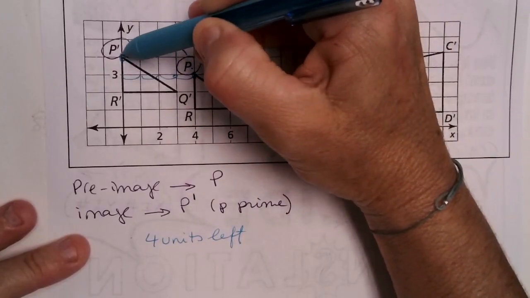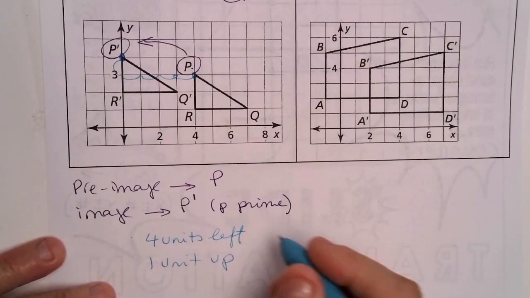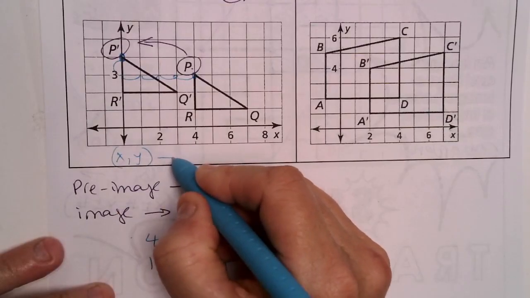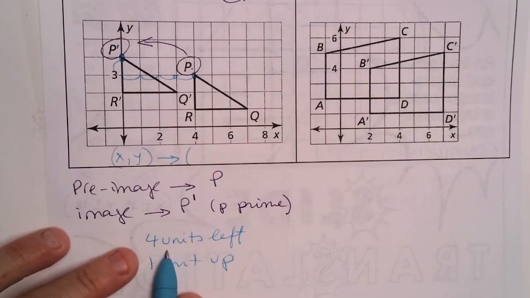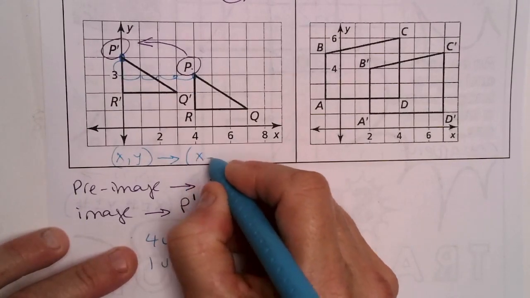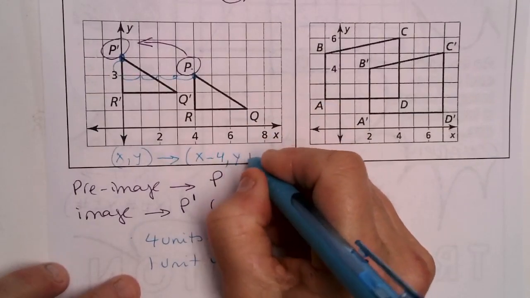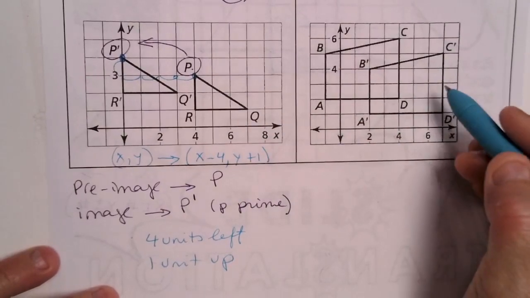From here to here, we went 1 unit up. So the rule for this would be (x, y) maps to: I went 4 units left, so that's x minus 4, and I went 1 unit up, so that's y plus 1. That's how you write a rule.